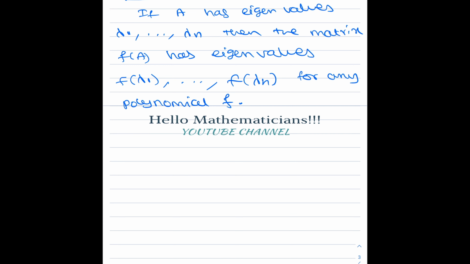Now in particular, I take f of x equal to x minus 1. If I substitute A in this polynomial, I get f of A equal to A minus I. So x minus 1 is a polynomial.